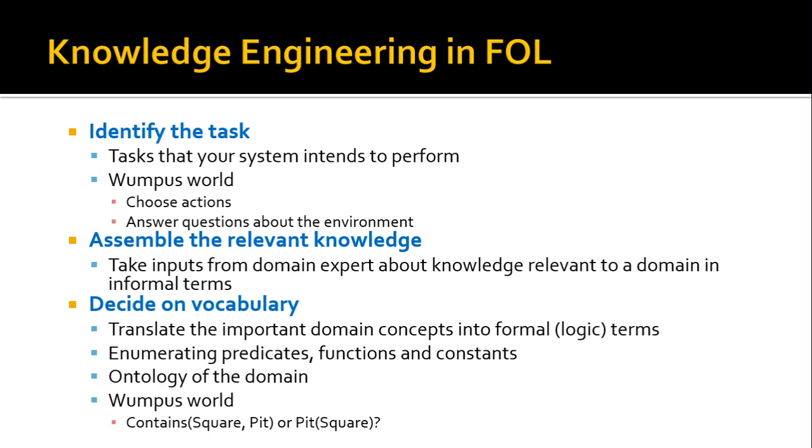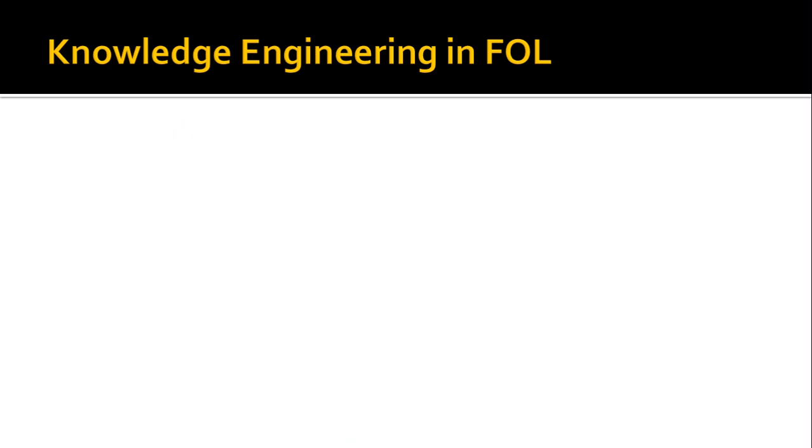So for example, in the Wumpus world, you can model something like a square contains a pit as a function. It can be a predicate, or it can be a function. So these are the kind of decisions that you have to make as a knowledge engineer. The next thing is to make certain generic statements about the domain.